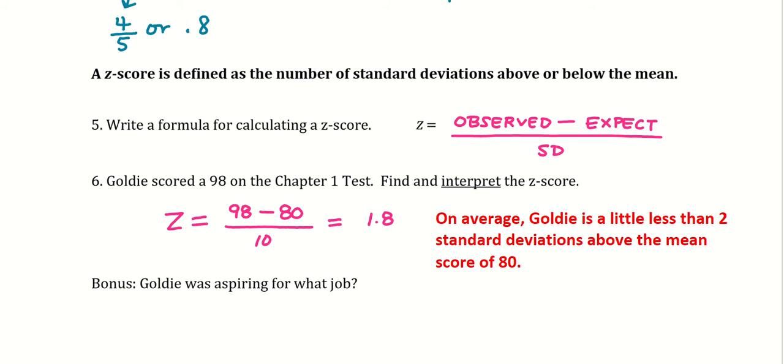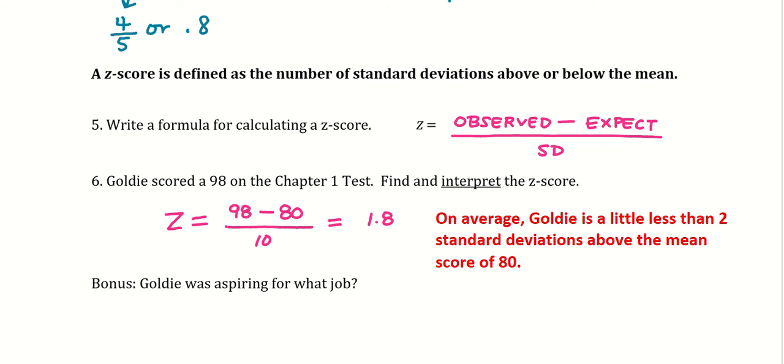I subtract off what I expected her to make, and then I divide that by the yardstick of 10 standard deviations. Well, that tells me that she is now 1.8 units, so 1.8 of those standard deviations above the mean.